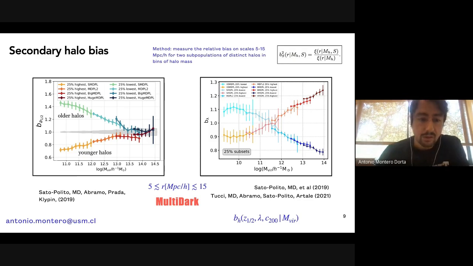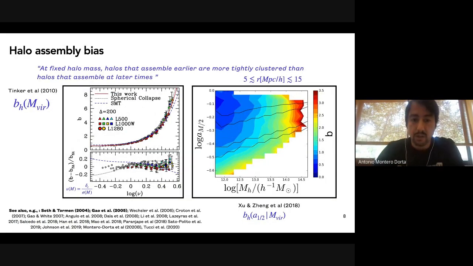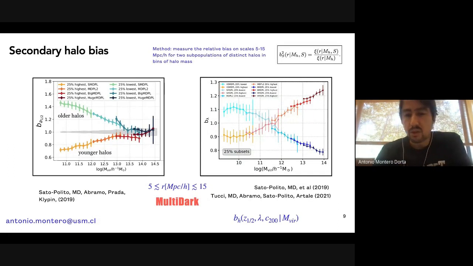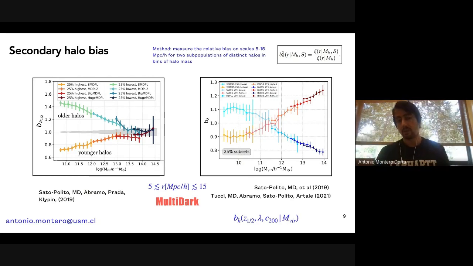Of course, this has been shown by many researchers during the last almost decade. Here we use the MultiDark simulations to provide a better measurement on a larger mass range of both the assembly bias signal and what is called the spin bias, the halo bias signal on the right-hand side.